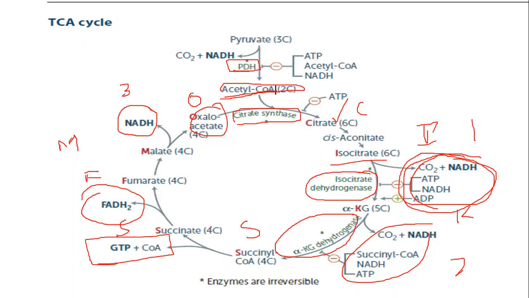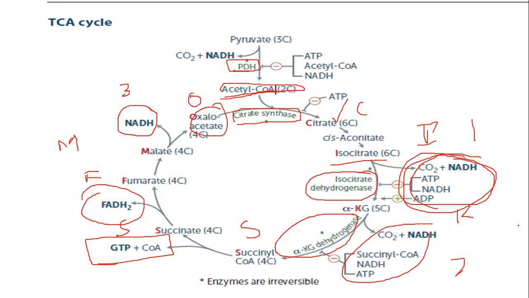So you need to remember in which reactions NADH is produced, in which reaction GTP is produced, and in which reaction FADH2 is produced. Sometimes the board examiners, I know this is somewhat nitpicky, but board exams somehow love to test you on this concept.